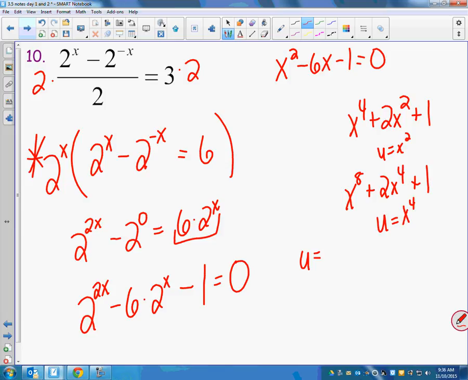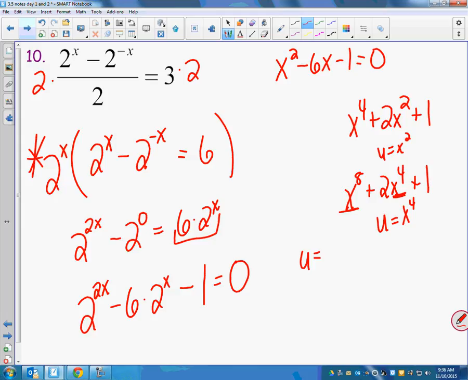Because you want it to fit, so you would have u squared plus 2u plus 1. Or really, the shortcut is, how do you check that it works? You have to make sure that this exponent is half of this exponent. And if that's true, then your u is just always that middle value. So like this one, it was x squared, because then this would be u squared. This is x to the 4th, because if you square that, you get x to the 8th.